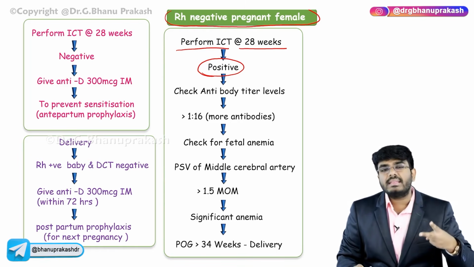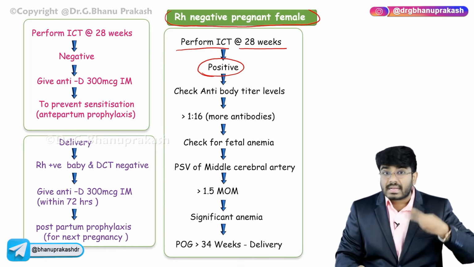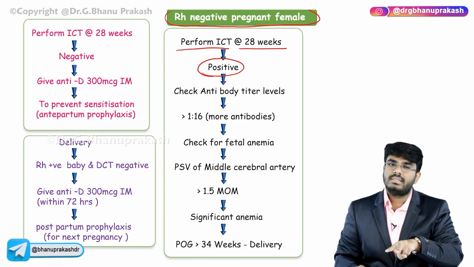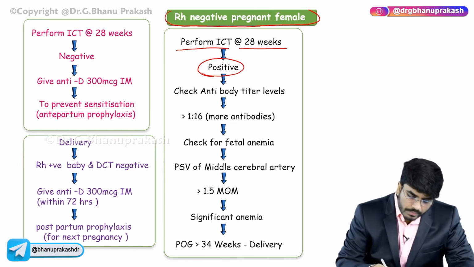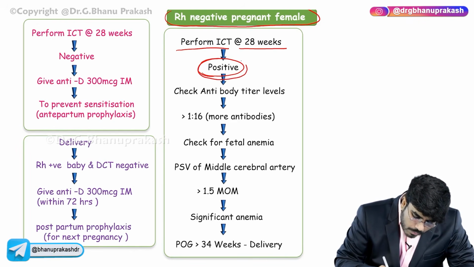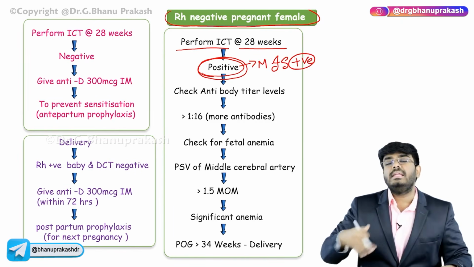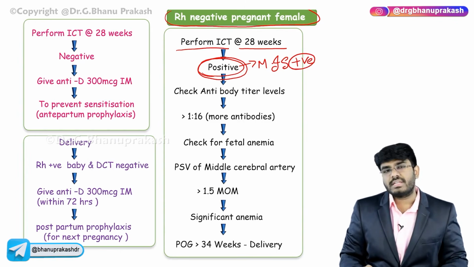The mother is making the anti-D antibodies by herself. Now these anti-D antibodies can cross the placenta and can kill the baby. So if the indirect Coombs test is positive, it indicates the mother's immune system is sensitized and she is making the antibodies. Now the question is, how much amount of antibodies is she making?